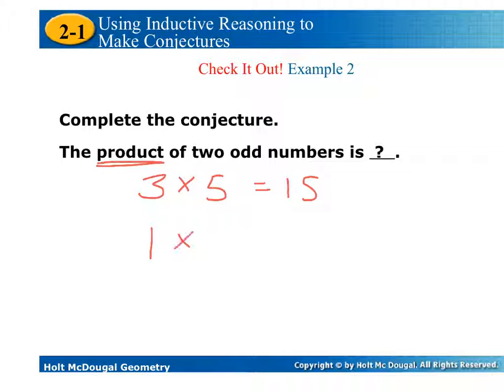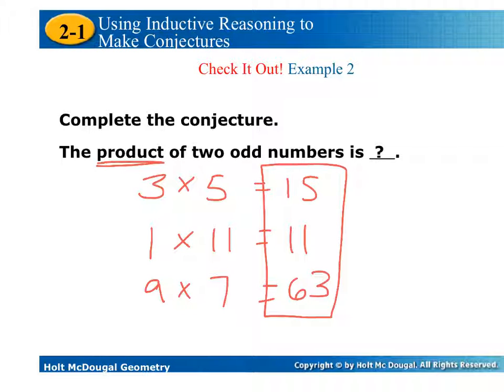What's another odd number? 11. So what's 1 times 11? 11. What's another odd number? 9. Alright. What's 9 times 7? Hold up, I got this. 63. What do all 3 of these numbers have in common? They're all odd. So the product of 2 odd numbers is odd.